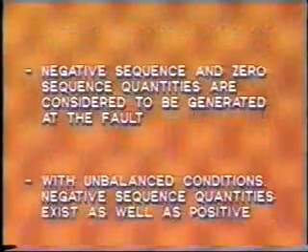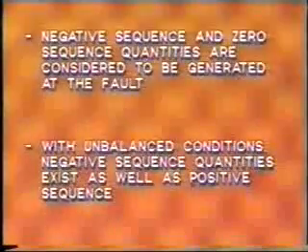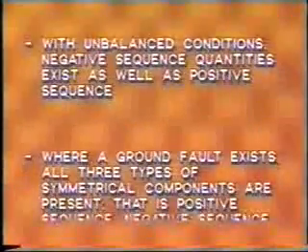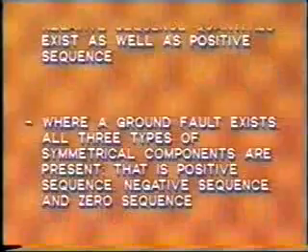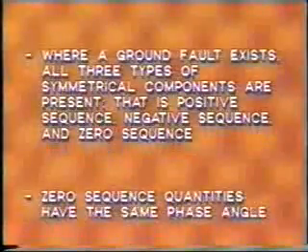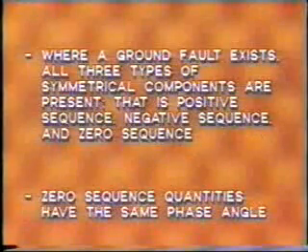Negative sequence and zero sequence quantities are considered to be generated at the fault. With unbalanced conditions, negative sequence quantities exist as well as positive sequence. Where a ground fault exists, all three types of symmetrical components are present.